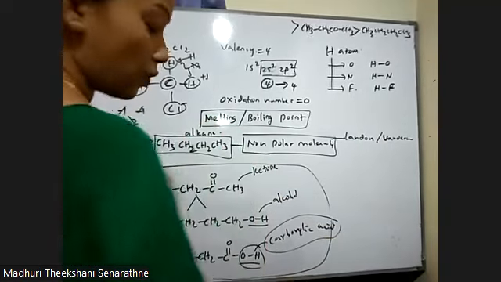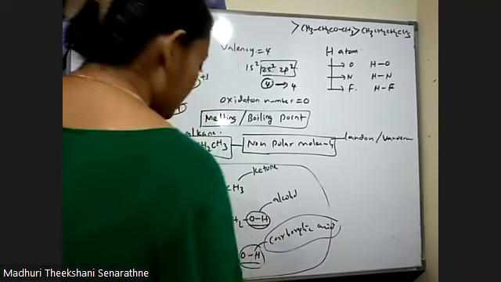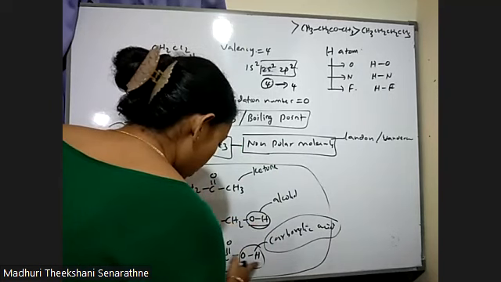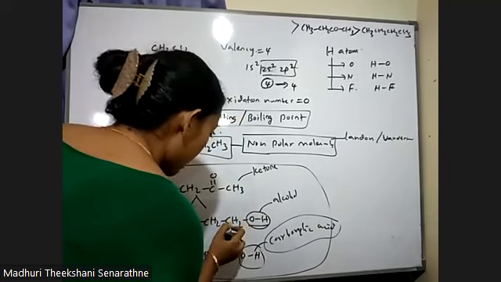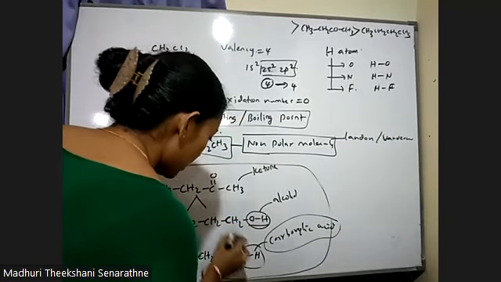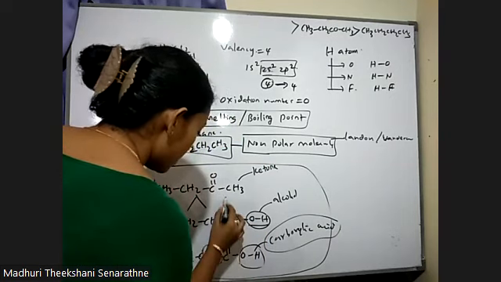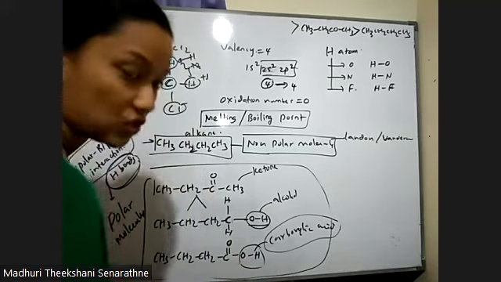Carboxylic acids are stronger. Due to what? You can see there is an OH bond here and an OH bond here also. Think about the carbon adjacent to the oxygen. Here, the carbon has 2 hydrogens. Here, the carbon has an oxygen atom.